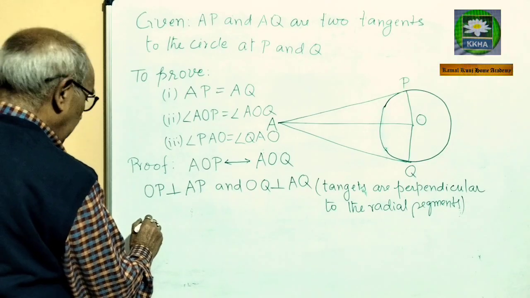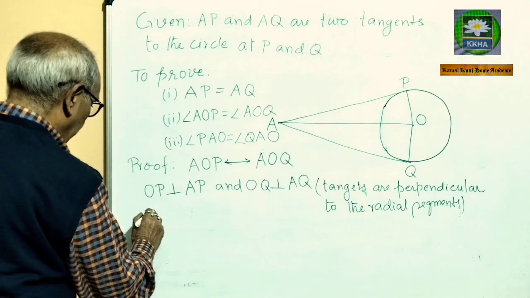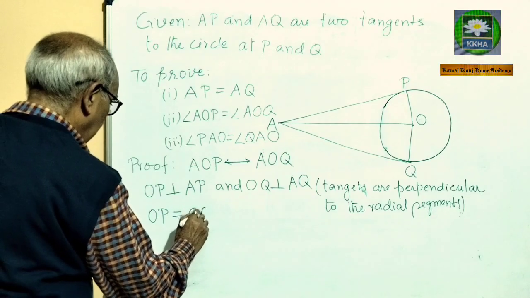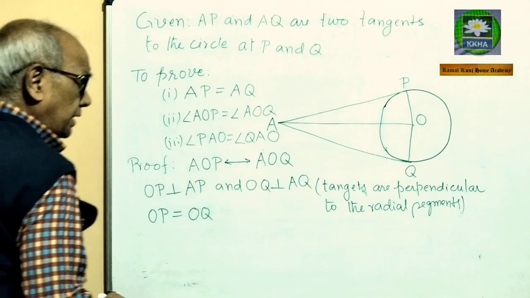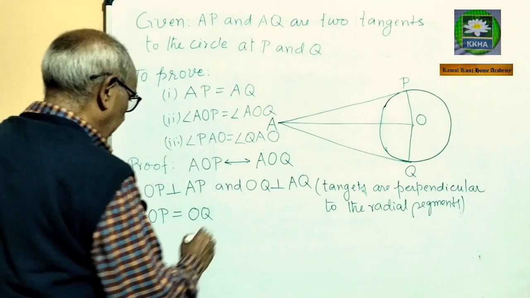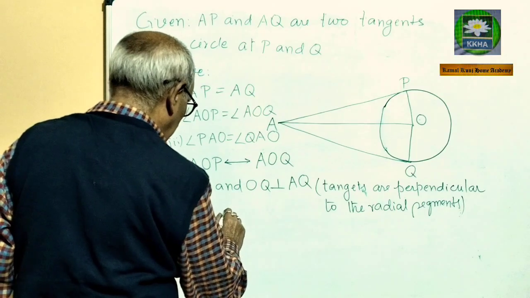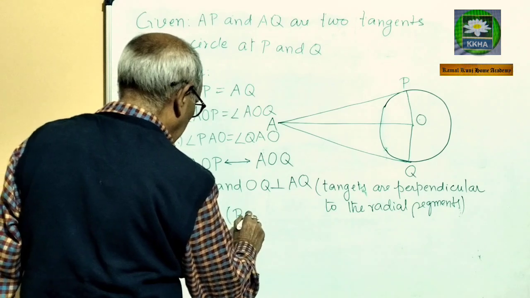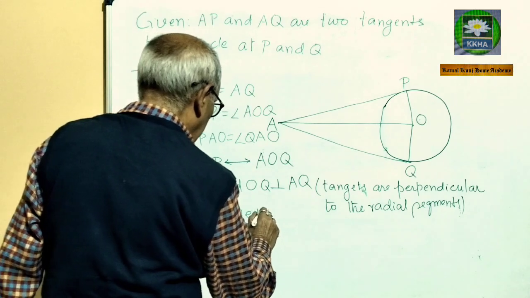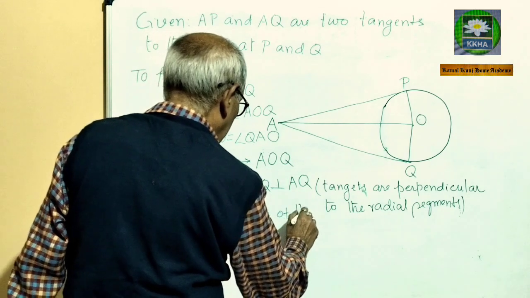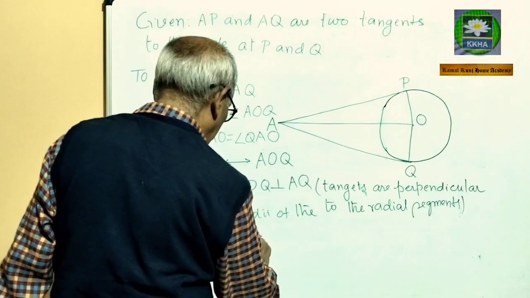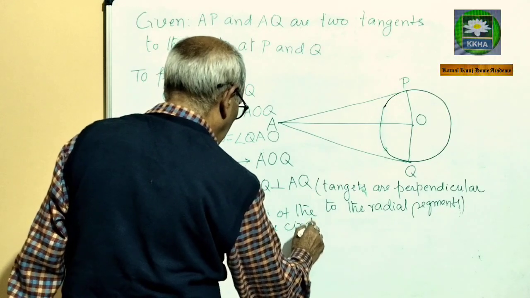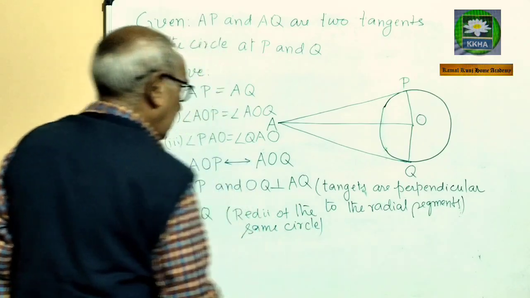And OP is equal to OQ. Both are radii of the same circle, and they are equal.